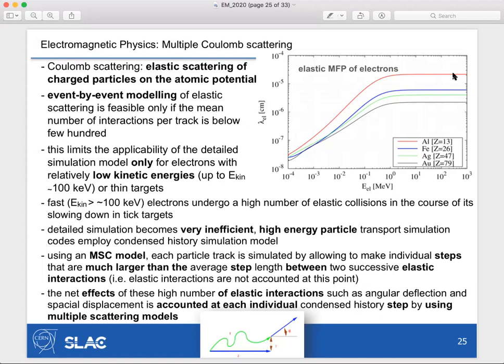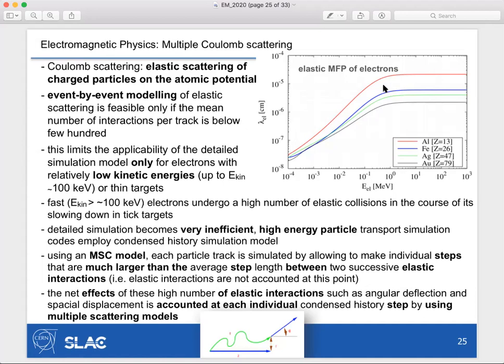interactions the Coulomb scattering. So this mean free path won't play any role when we decide how far the electron will go. So we let the electron go a really long step, much longer than the distance between two elastic interactions, between two Coulomb scatterings.